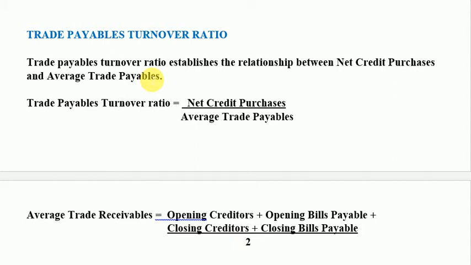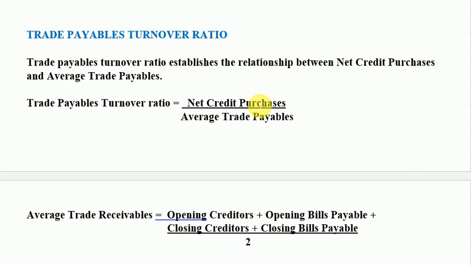What is the formula for trade payables turnover ratio? The trade payables turnover ratio is equal to net credit purchases. Remember, only credit purchases minus purchases returns, which will be equal to net credit purchases, and that is divided by average trade payables. If in your question you have only credit purchases, you take only credit purchases.